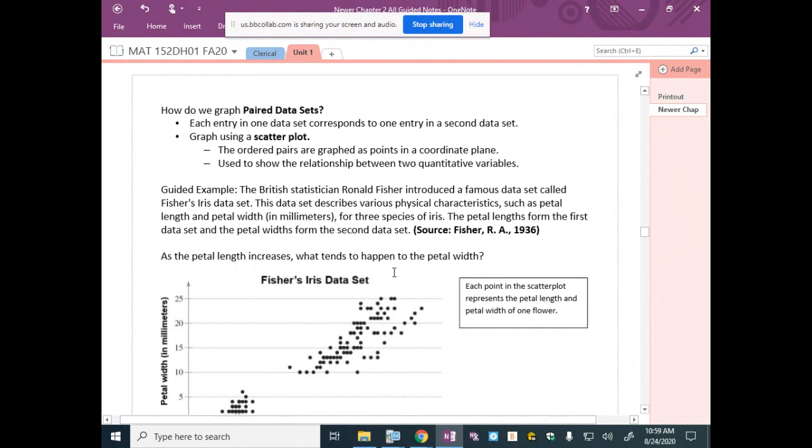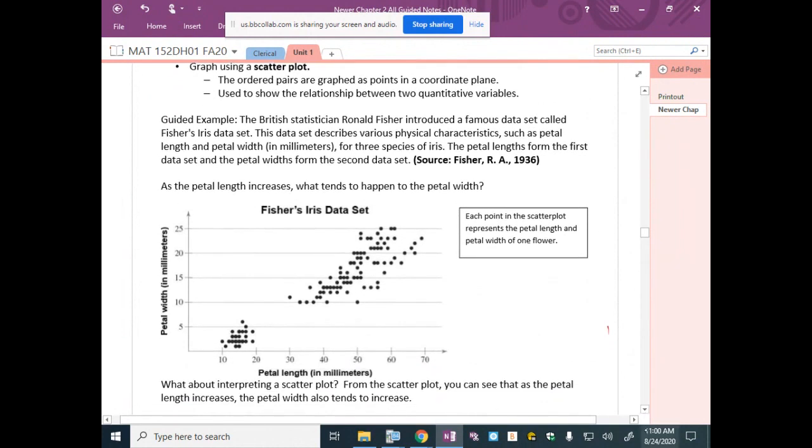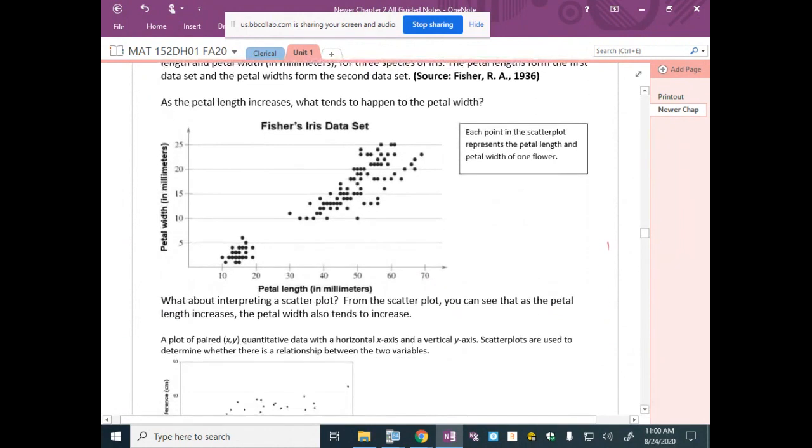So this British statistician introduced a famous data set called Fisher's iris data set. It describes various physical characteristics such as petal length and width for 3 species of iris. As it turns out, there seems to be a relationship between length and width.